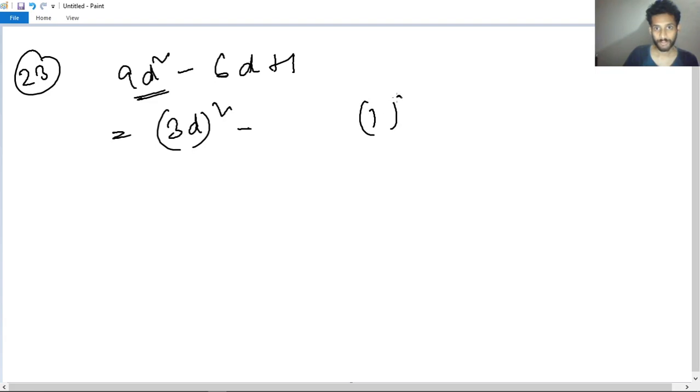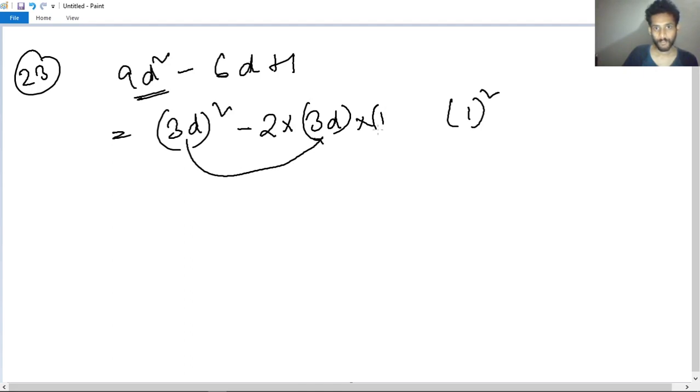The last part is 1 square, so the middle part should be twice into 3d into 1, plus 1 square, so it is (3d minus 1) whole square. Okay.